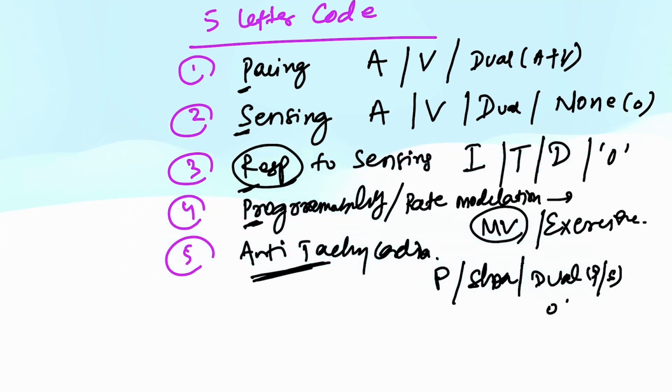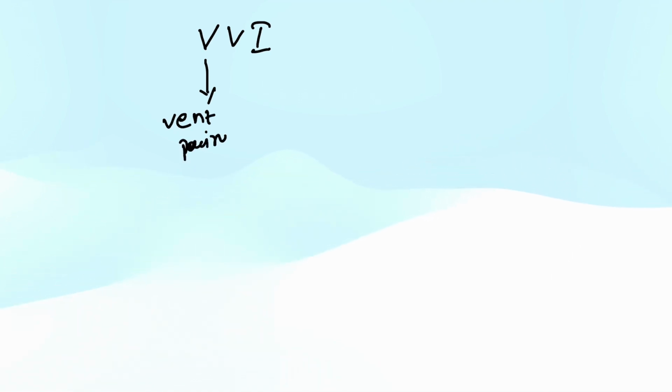Let me explain with an example. Let us consider the mode VVI. What does it mean? The first V means the ventricle is being paced. The second code is for sensing, that is ventricular sensing. Then I, which is the response to sensing. The response is I for inhibited.